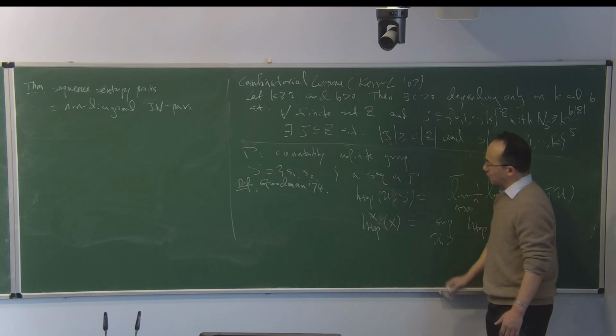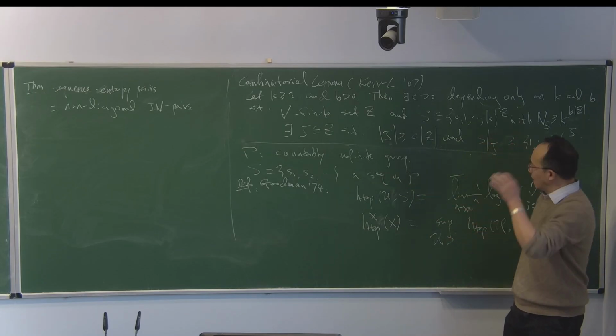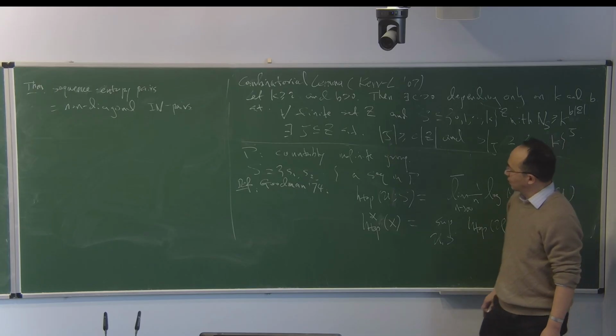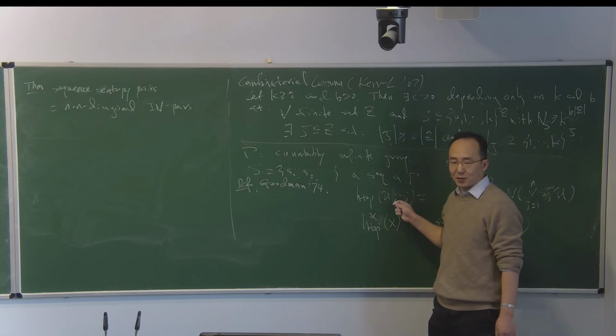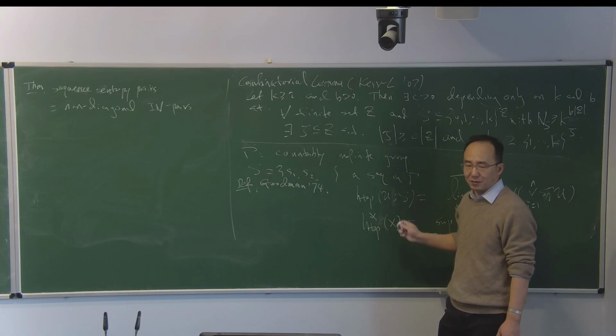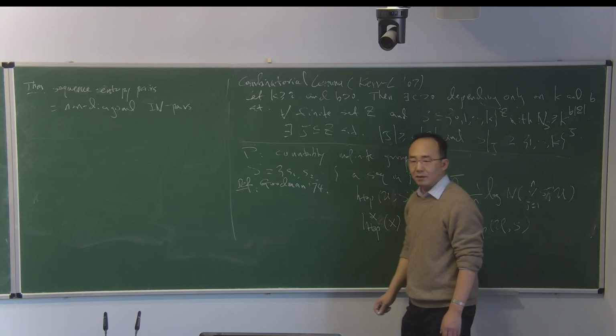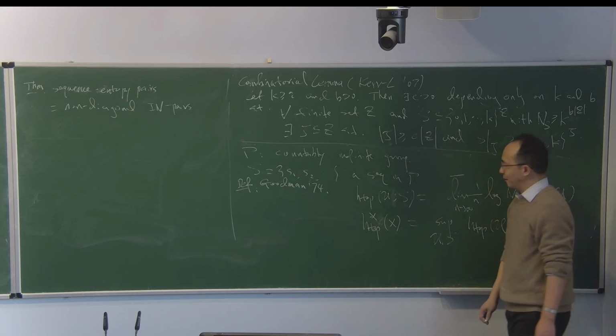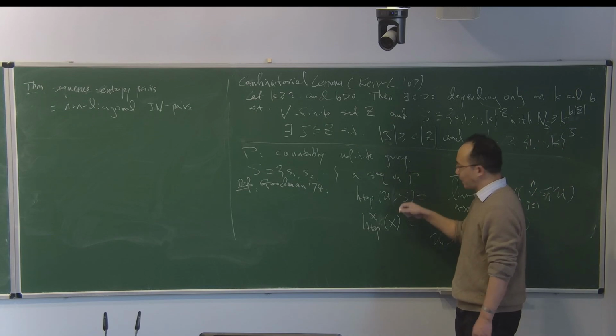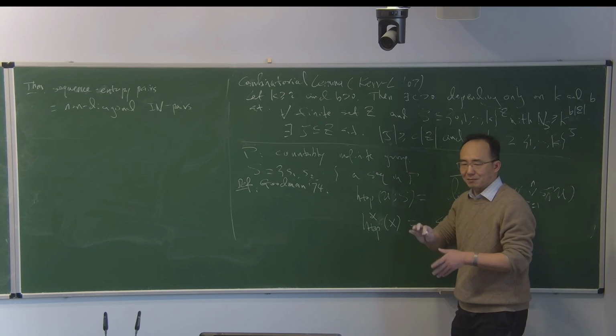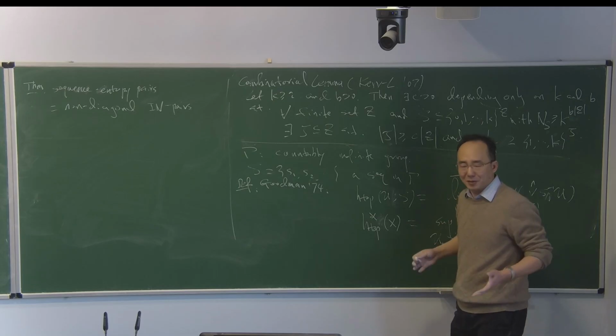So for topological entropy you look at a specific sequence. Here we have an arbitrary sequence, and then you take the supremum, so you get a larger value. But for a specific sequence, maybe you get some smaller value.